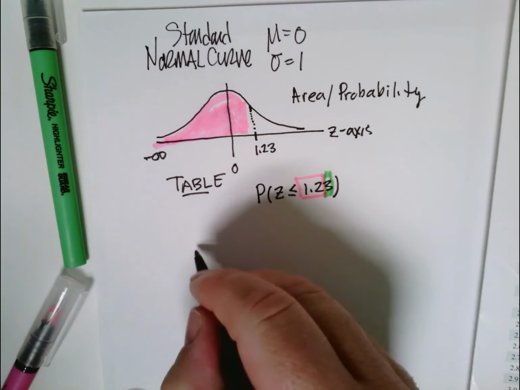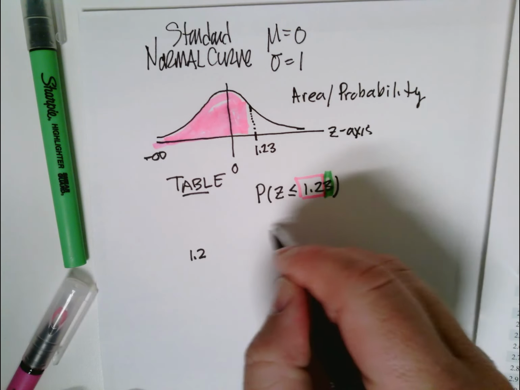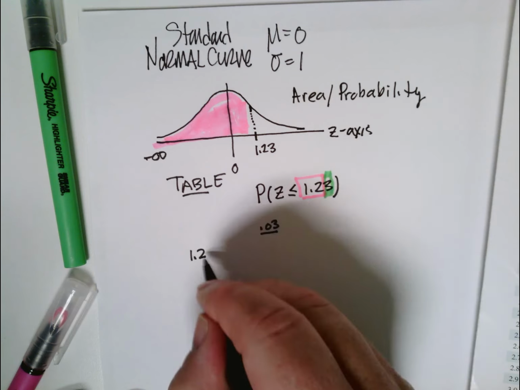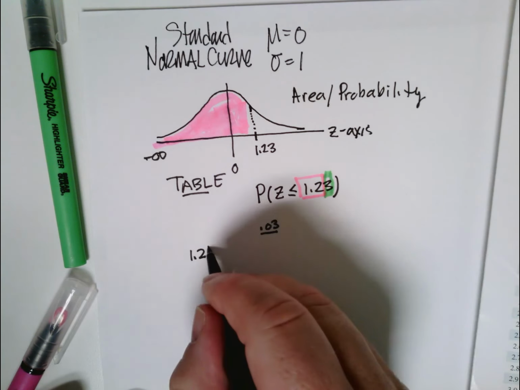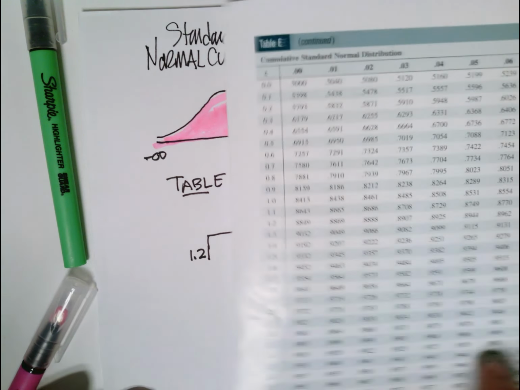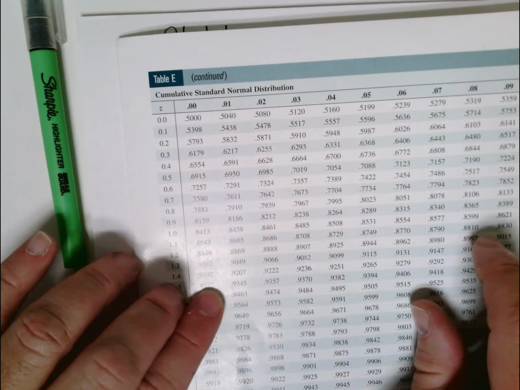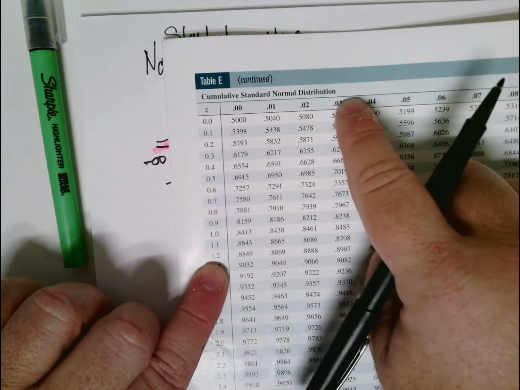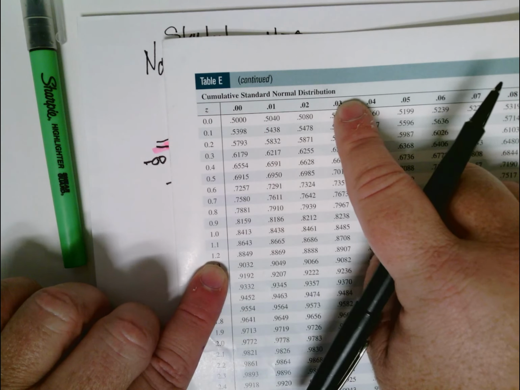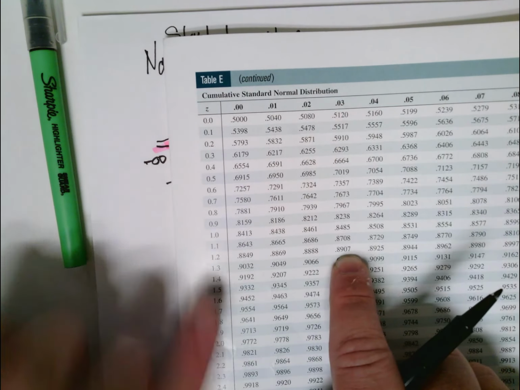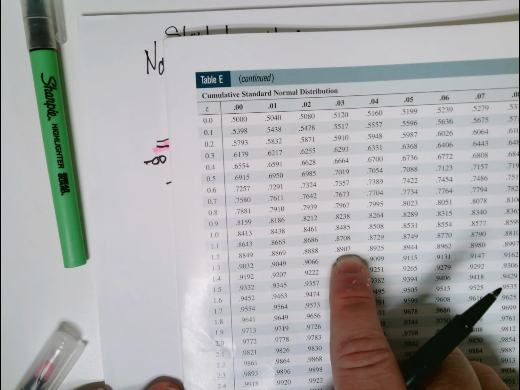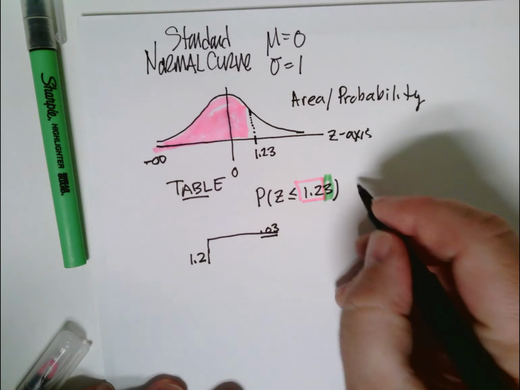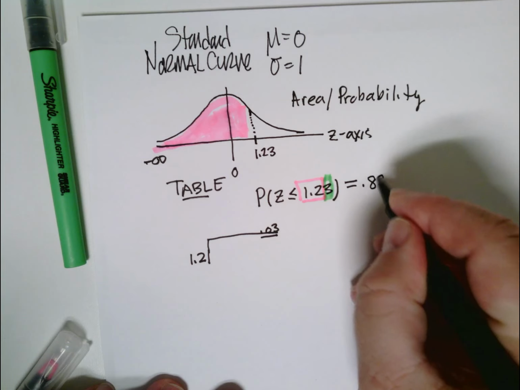So we're going to look for 1.2 on the side and a 0.03 on top, like that, to make up our number. So you'll notice that we go to 1.2 and then 0.03, and they come together right here at 0.8907, and that would be the area, 0.8907.